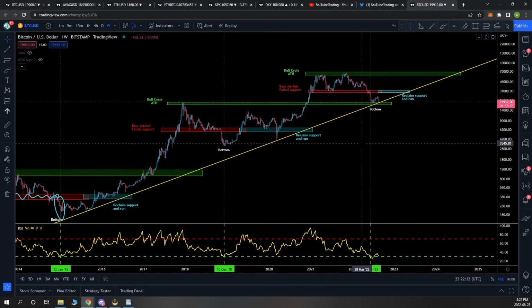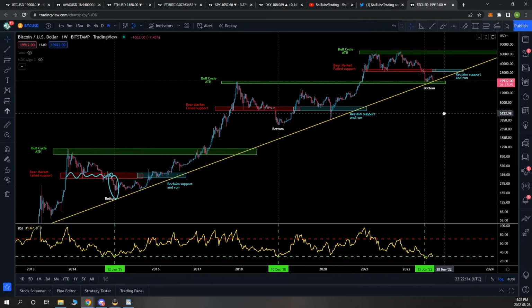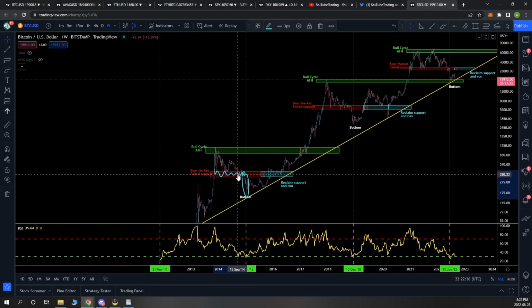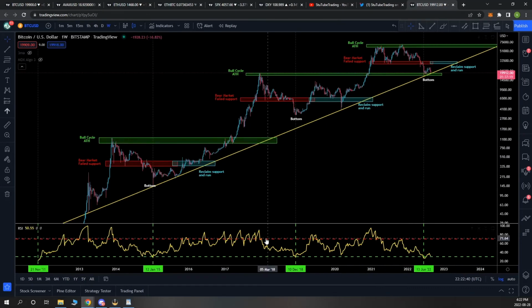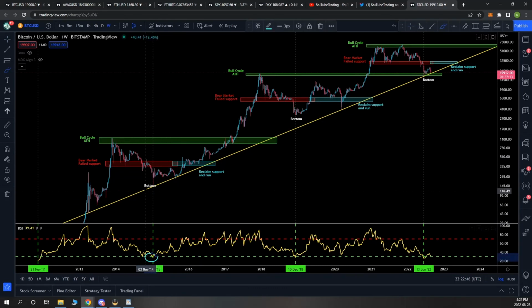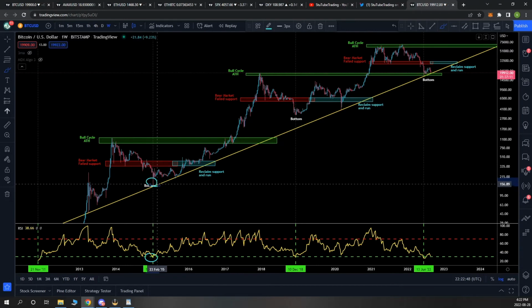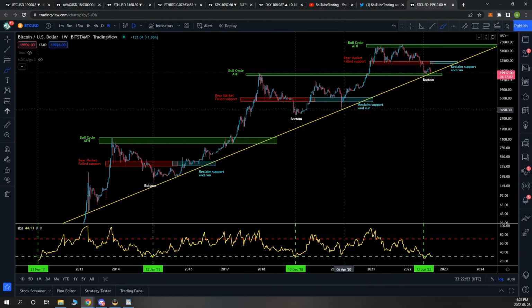There are other reasons why I think that we have bottomed. A big thing why I think that Bitcoin has bottomed is our weekly RSI. A lot of you may have seen this too, but anytime the weekly RSI gets oversold, it marks the exact bottom. I've pointed this out with these dotted vertical lines here.